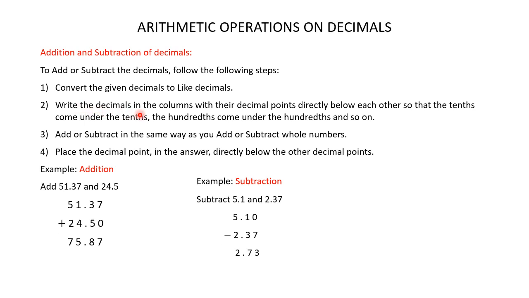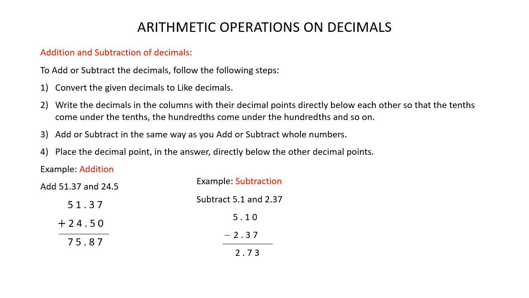Next, write the decimals in columns with their decimal points directly below each other so that the tenths come under the tenths, the hundredths come under the hundredths, and so on. Next, add or subtract in the same way as you would add or subtract whole numbers. Place the decimal point in the answer directly below the other decimal points.